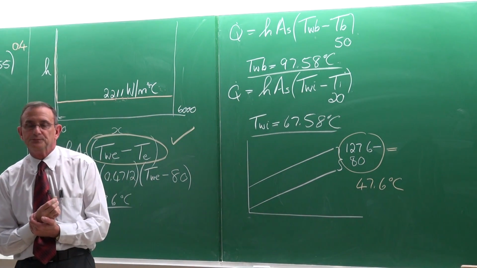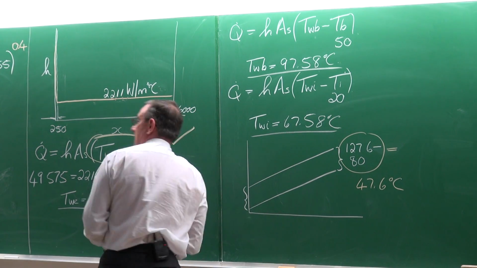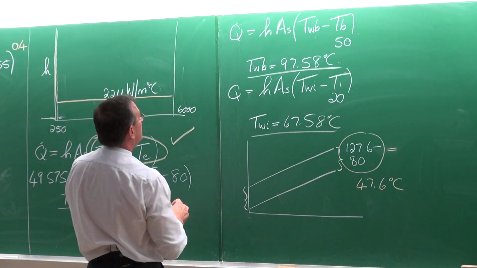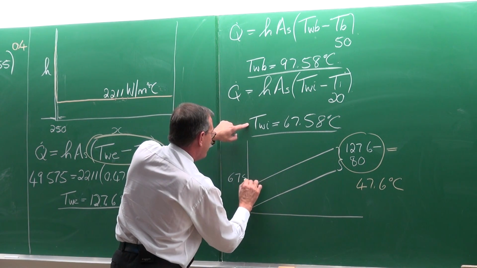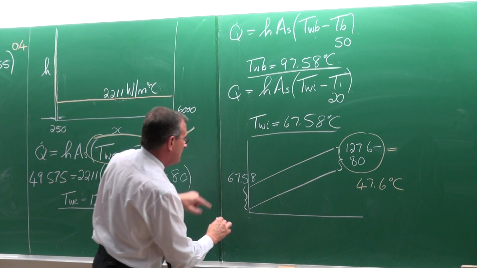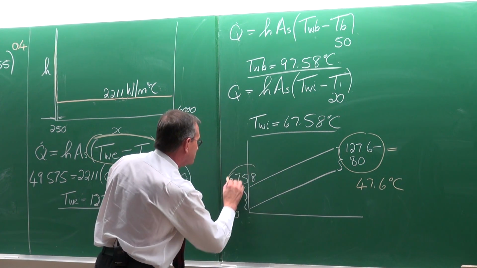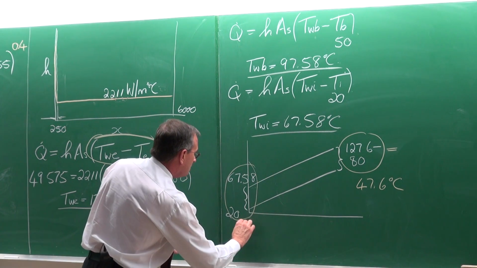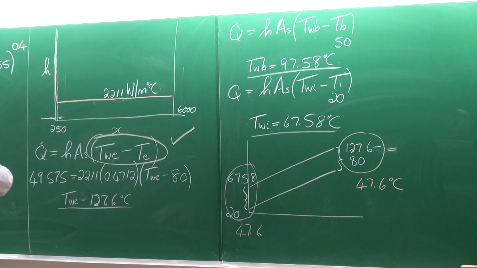You agree? And here it would have been 67.58, and there it is 20. So this delta T here is also 47.6. Delta T's are the same.